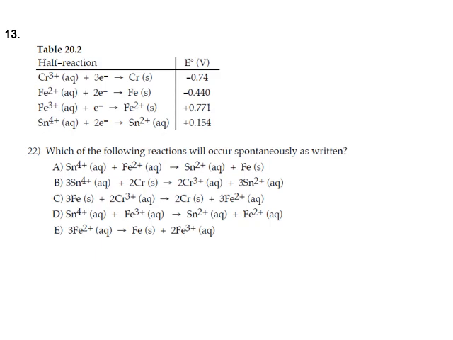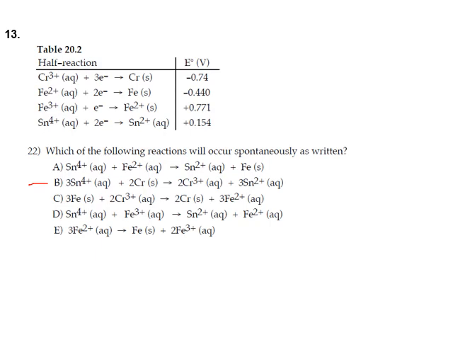We get another little list of half reactions. Which of the following reactions will occur spontaneously as written? So what you could do as an exercise is just to go through all 5 of these and convince yourself that 4 of these are going to wind up as negative numbers, which I'm not going to actually do, but I'm going to call your attention to B, because we actually just did this a couple of slides back.